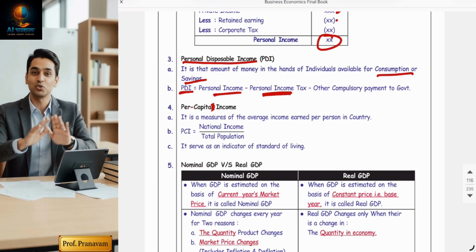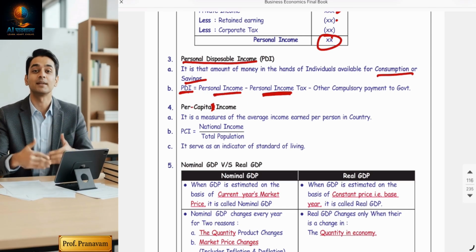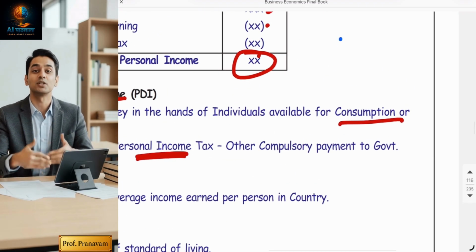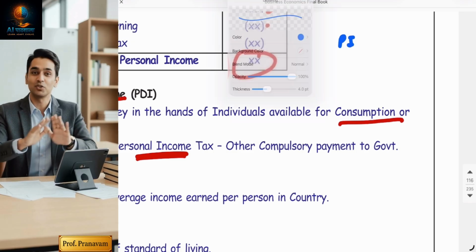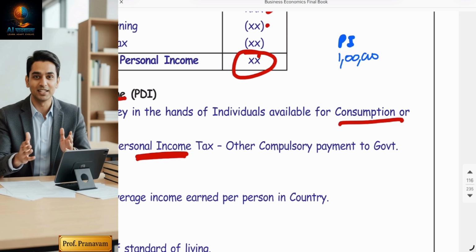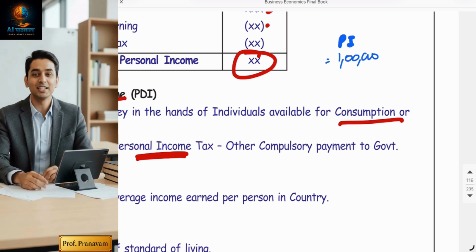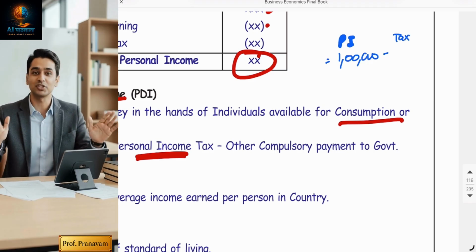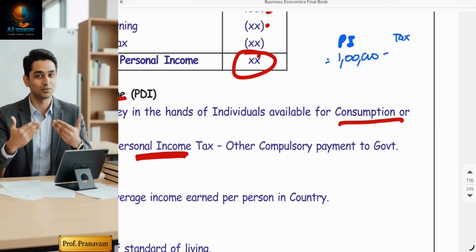Now, guys, in India, every person who is earning income has to pay some taxes. Am I correct? So for example, my personal income is 1 lakh. I've earned this in a month. But can I spend this for myself? No. From this, government is charging me income tax. Say income tax is 10%.